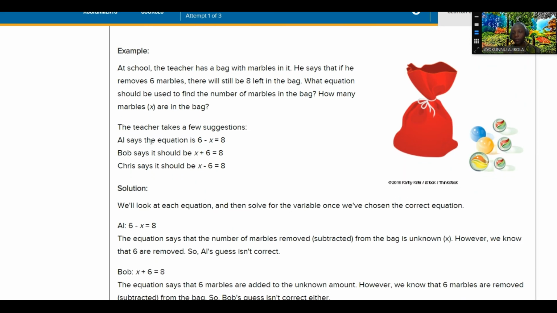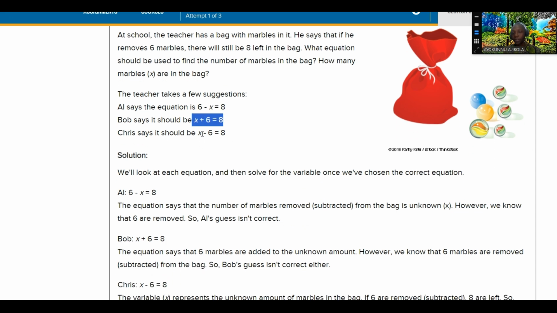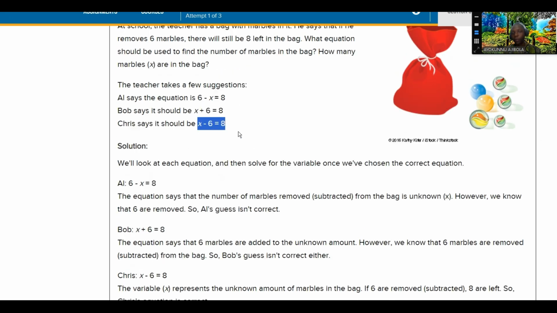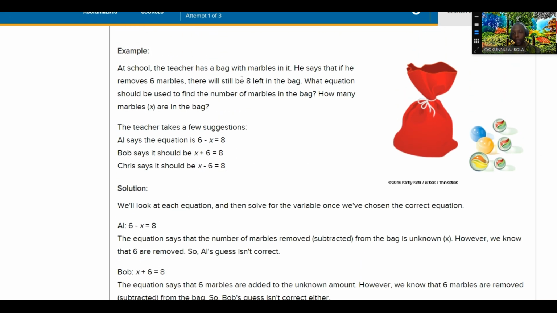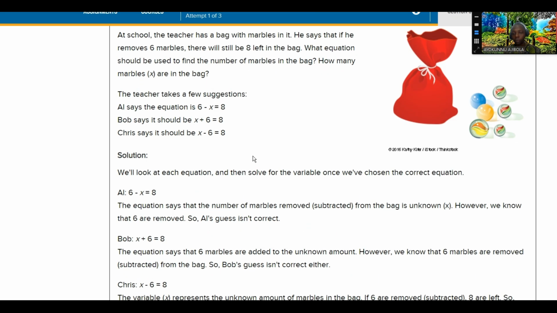Somebody says the equation should be 6 minus x equal 8. Another person says it should be x plus 6 equal 8. Then another person says x minus 6 equal 8. All of them are aware that there will still be 8 left in the bag. That's why they are all arriving at 8, okay?